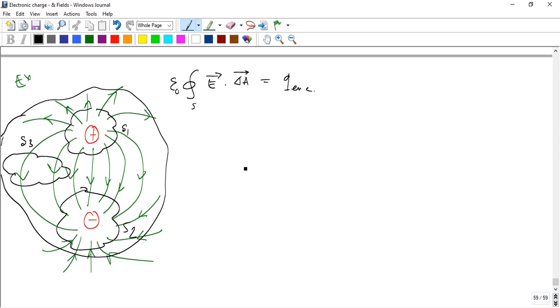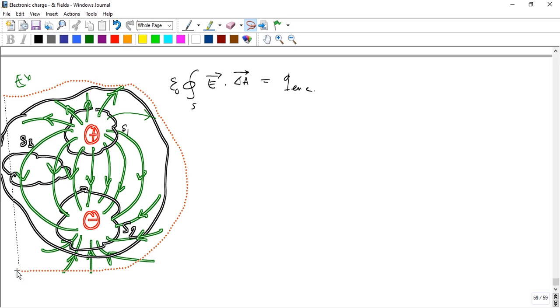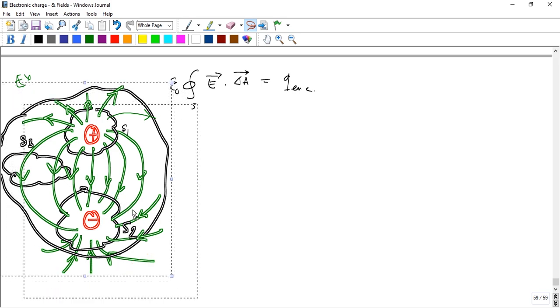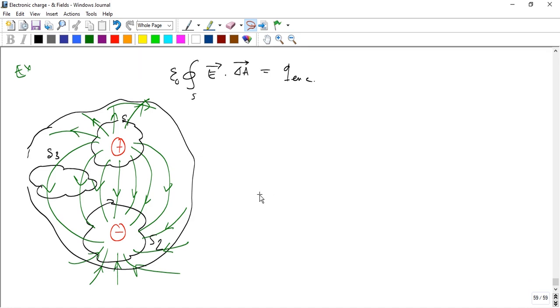And finally choose another surface, that is surface 4.